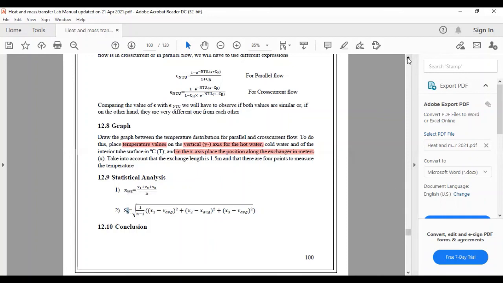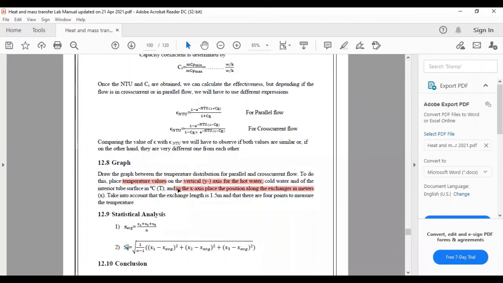And finally, we have to draw the graph. On the y-axis we will take the value of temperature. We have observed the temperatures from ST1, ST2, ST3, ST4 up to ST10 or 11. Some of them represent hot water temperatures and some represent cold water temperatures. On the x-axis we will take the positions of all of these sensors.